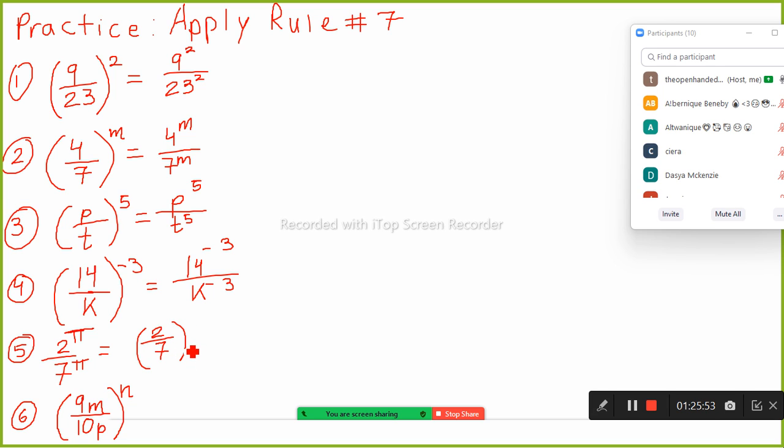And also help me with number 6. 9m to the power of n over 10p to the power of n. Say it again. 9m to the power of n over 10p to the power of n.